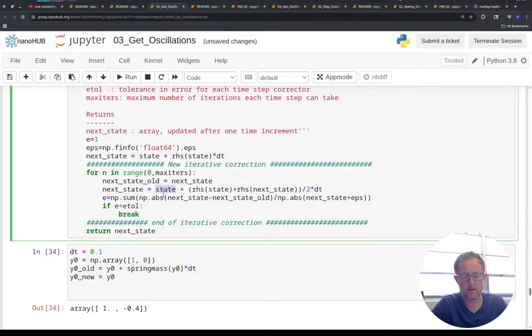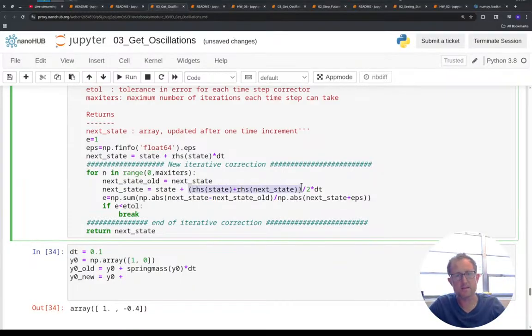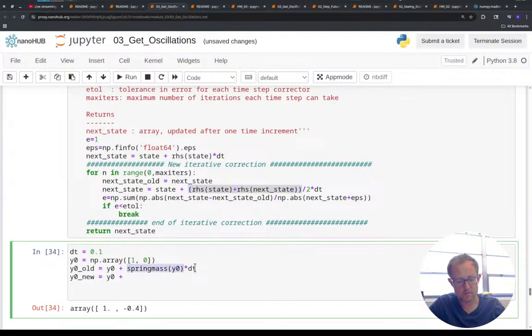Now what I want to do is add the average of the spring mass of the current value and the spring mass of, oh, I guess really I should call this y1, time step 1.